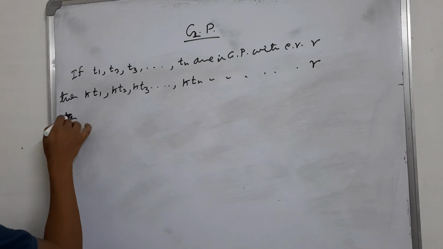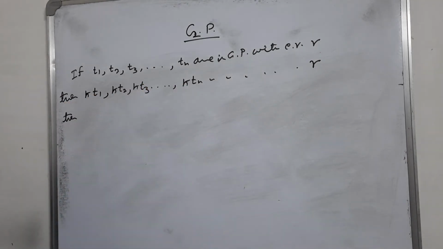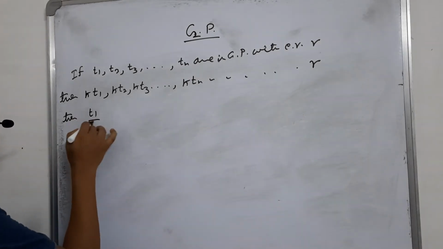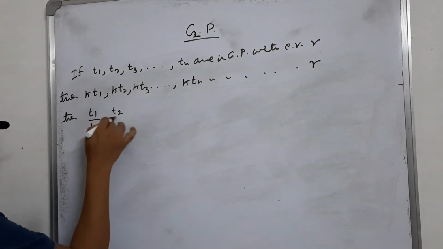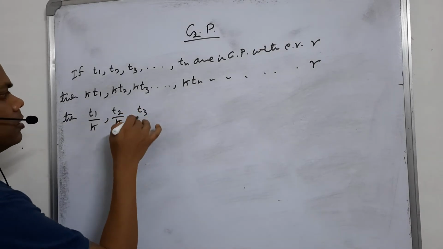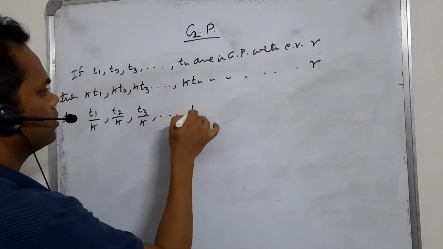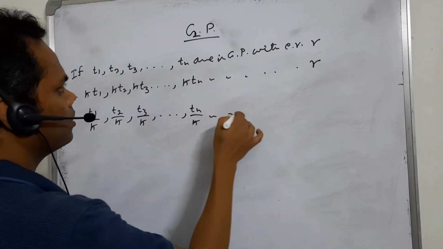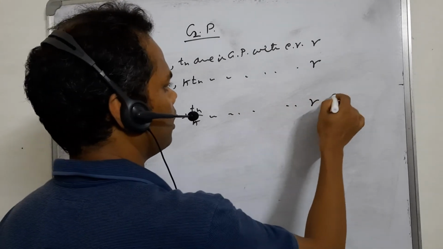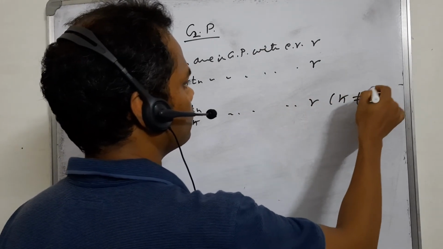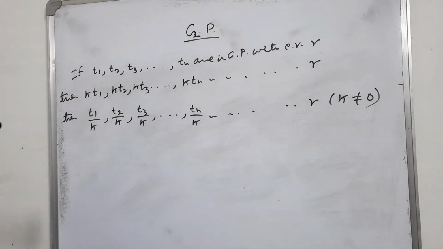Then if T1, T2 dot dot Tn are in GP with common ratio r, then T1 by k, T2 by k, T3 by k dot dot Tn by k are in GP with common ratio r, where k is not equal to 0.